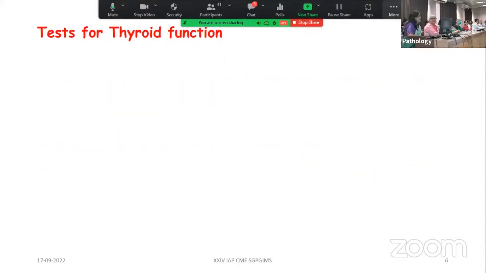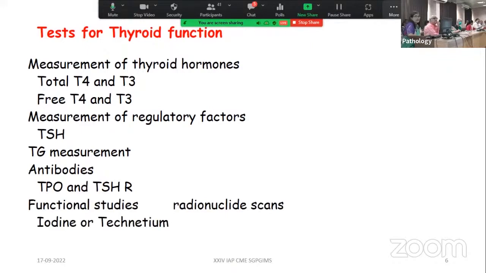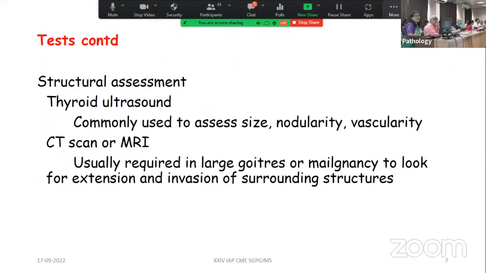The various tests for thyroid function: the biochemical tests include the measurement of thyroid hormones, TSH, thyroglobulin, as well as measurement of antibodies. The functional tests include radionuclide scans, which include radioactive iodine as well as technetium labeled scans. The structural assessment is done by thyroid ultrasound or CT and MRI.